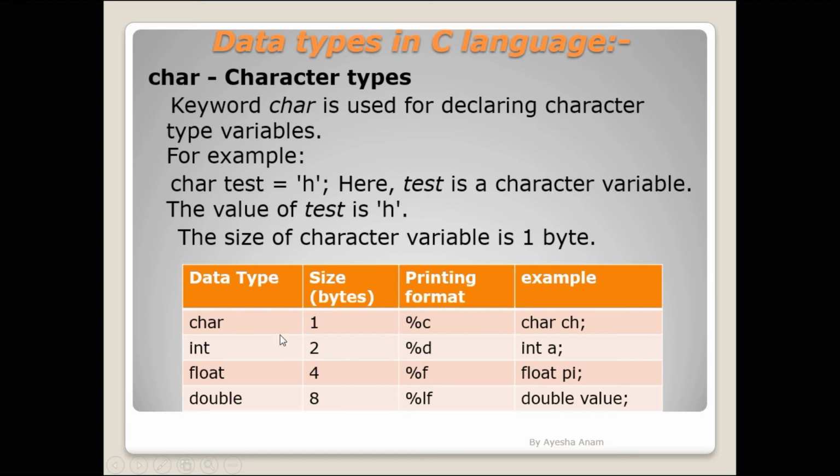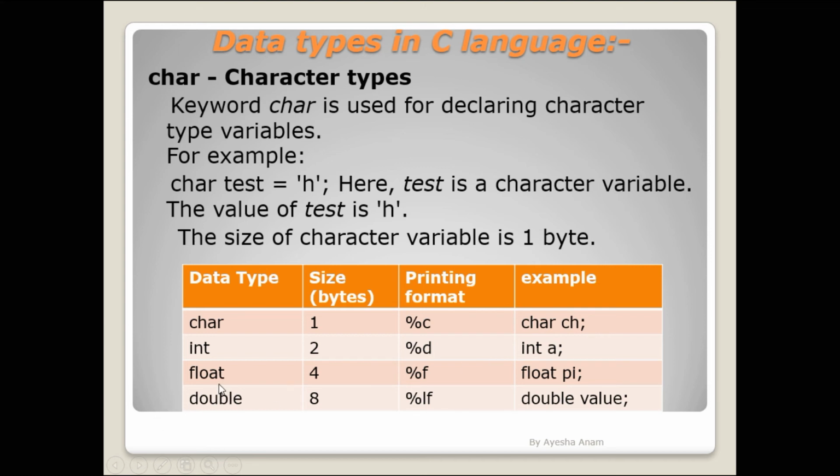We will take the recap. If data type is character type, the size is 1 byte. Its printing format is %c, and for example, char ch. If data type is of integer type, its size takes 2 byte and printing format is %d. Example, int a.